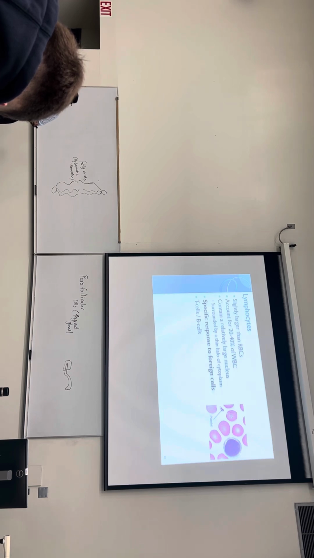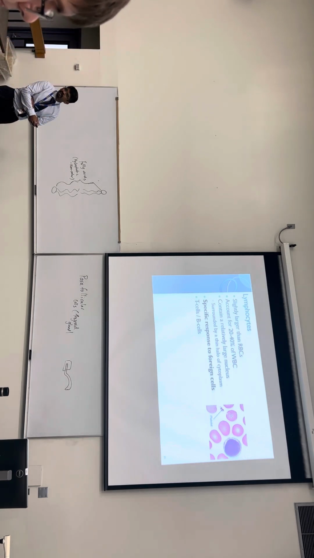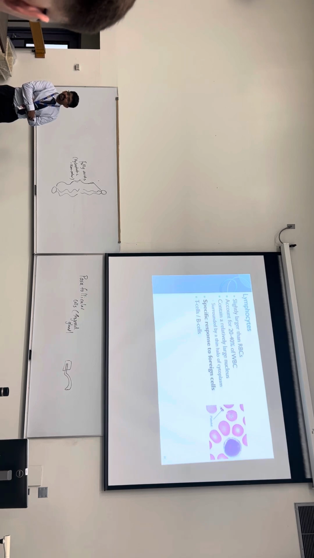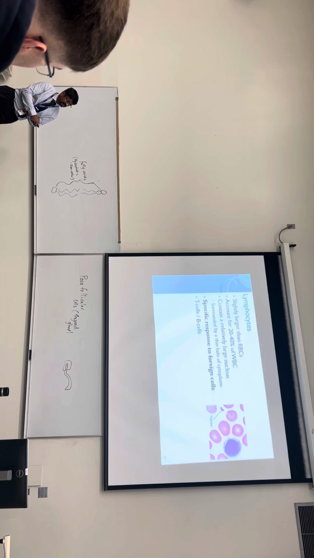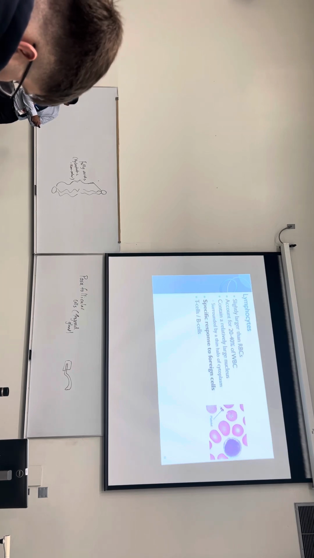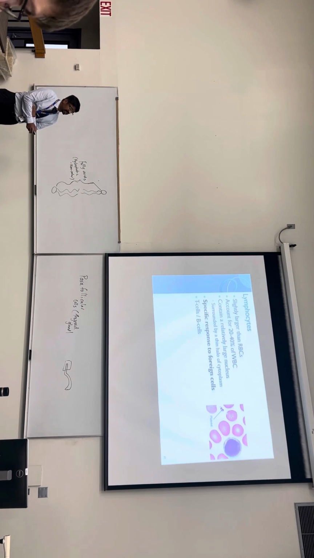And what can we note here? This is a lymphocyte. What do we think about the nucleus versus the rest of the cell? The nucleus is really big, very little cytoplasm. Sometimes you'll see it like a crescent, sometimes like a halo, but very little cytoplasm. These are the smallest of the white blood cells, with a round nucleus.